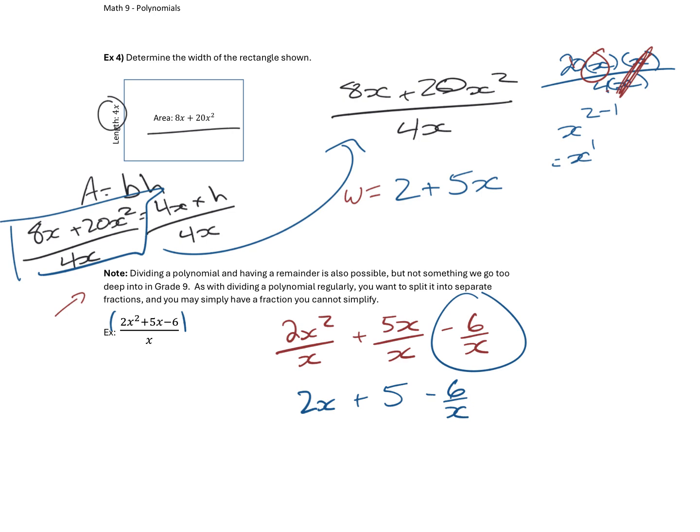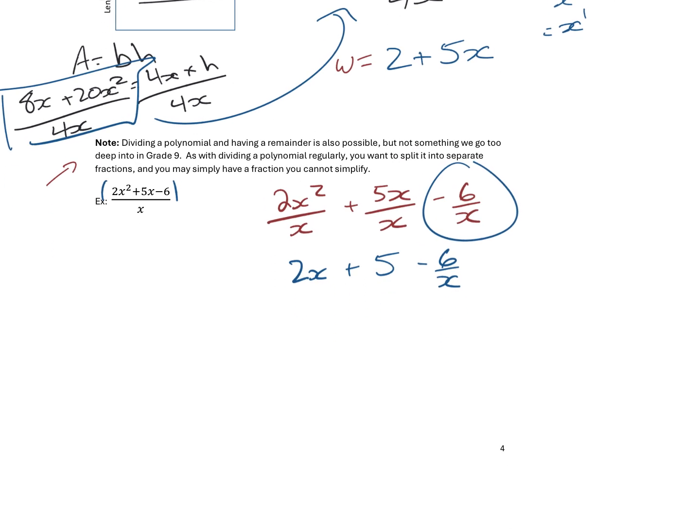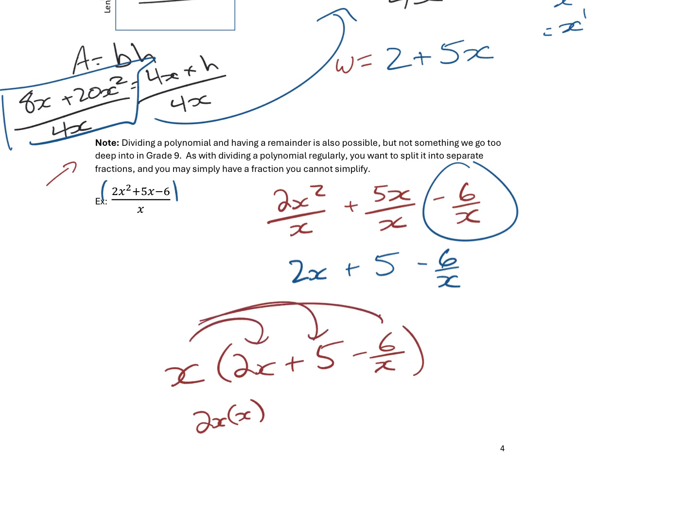And even if you think about that, scroll up a little bit here. If I were to multiply x times 2x plus 5 minus 6 over x, I would have 2x times x, and I'm going to distribute it, multiplying each term.